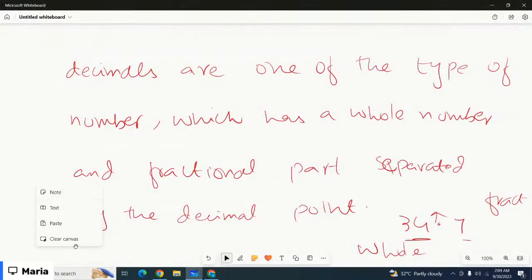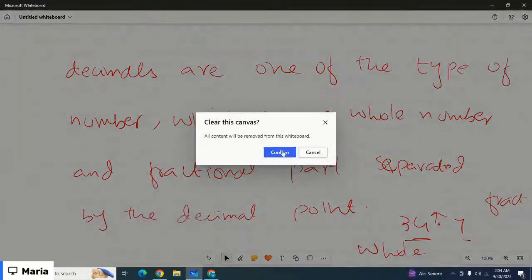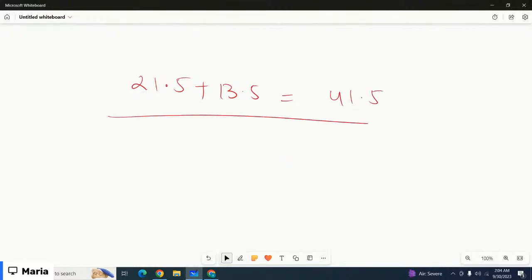Basically inequalities are the ones that involve the signs less than, greater than, right? They are not equations. For example, you have something like this. This is equality, or you can say equation.